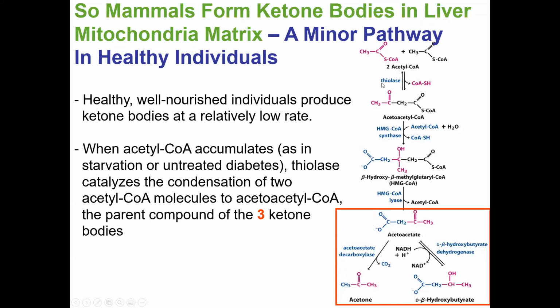Once it accumulates, thiolase is the enzyme that will carry out this reversible condensation reaction of two acetyl coenzyme A molecules to generate acetoacetyl coenzyme A. So look at that.